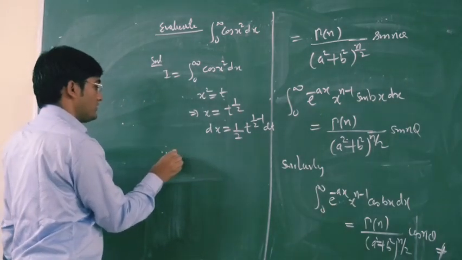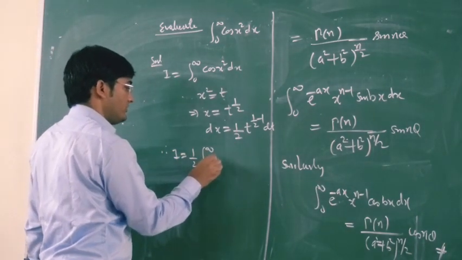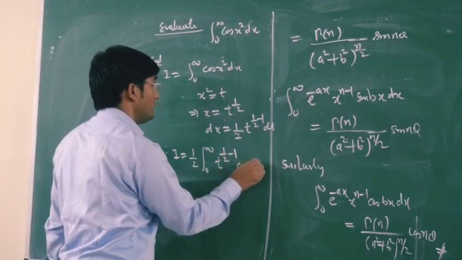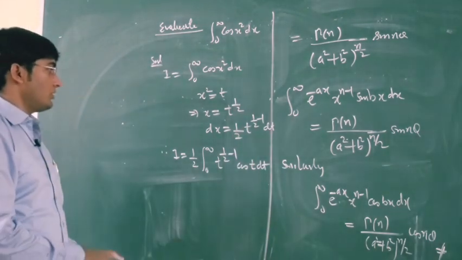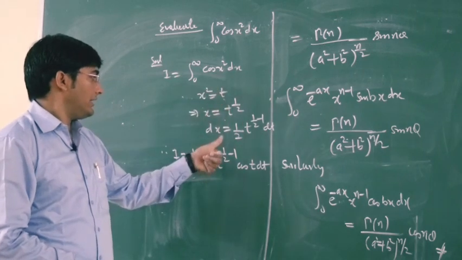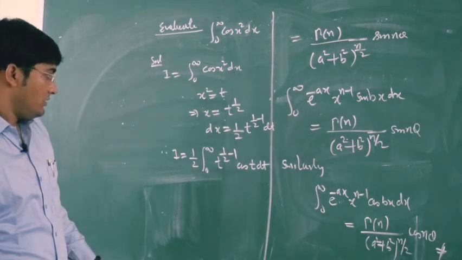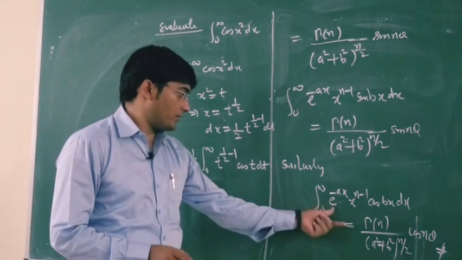So therefore your I is equal to 1 by 2, then we have the integral from 0 to infinity of t^(1/2 - 1) cos t dt. Now let us compare this integral with this formula.